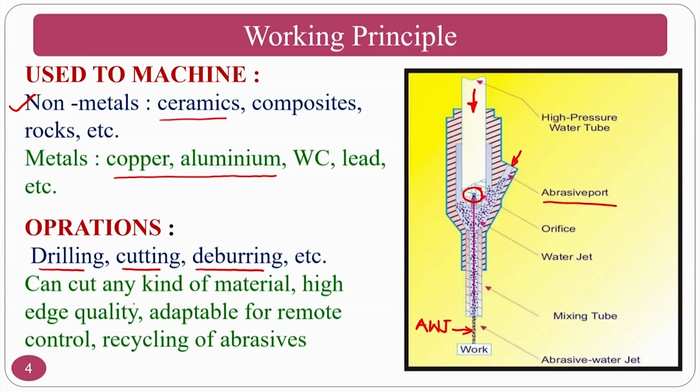You can cut any kind of materials, high edge quality, adaptable for remote control, recycling of abrasives also possible, because in abrasive jet machining you do not have this flexibility of recycling of abrasives, because abrasives are getting fractured, and the same holds good for this particular process also.